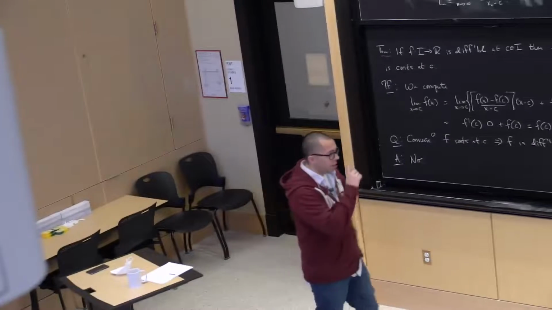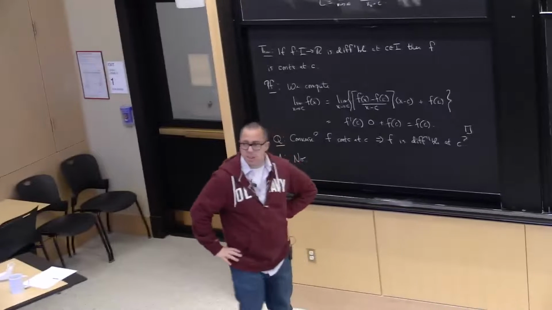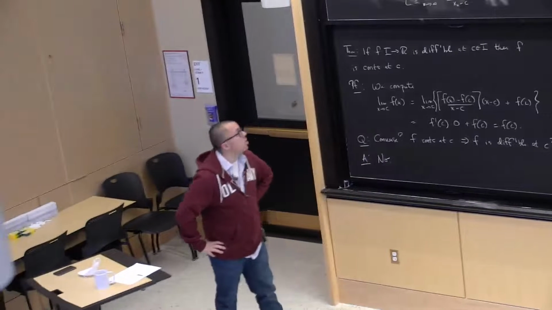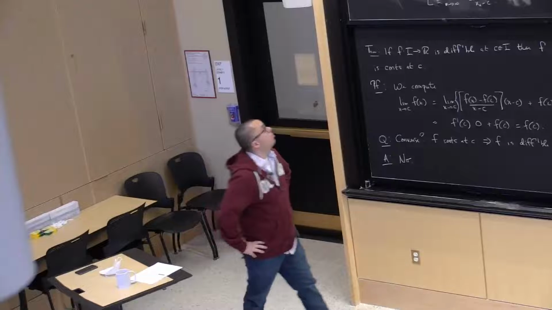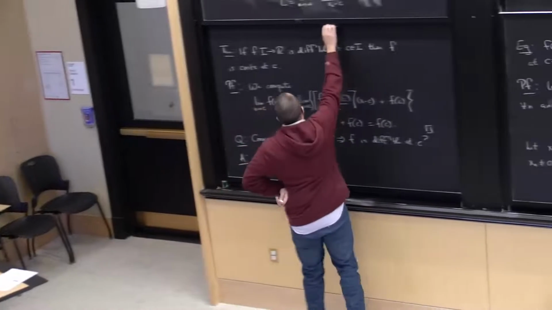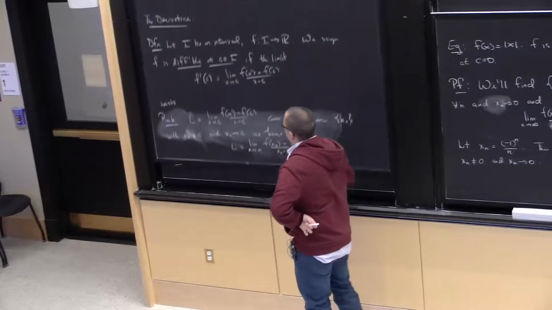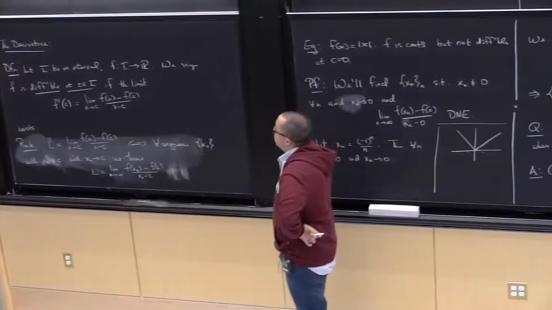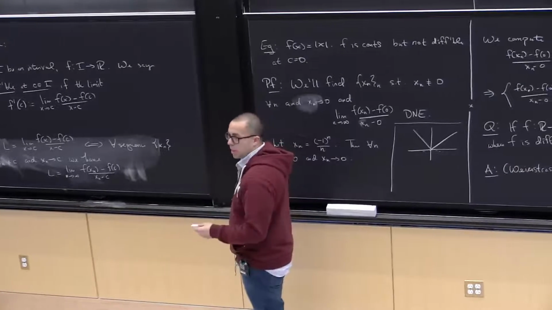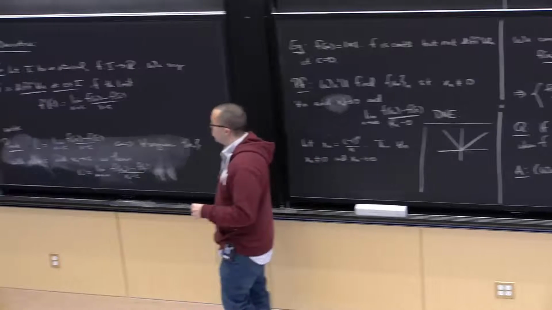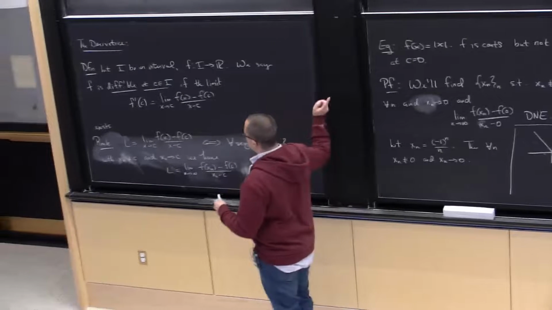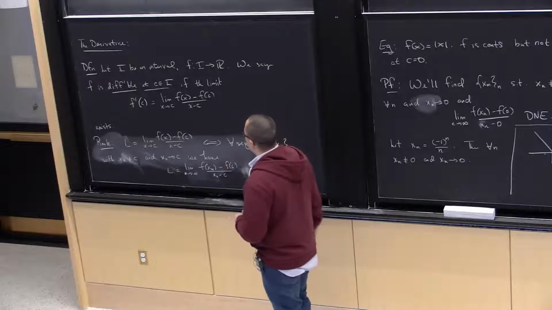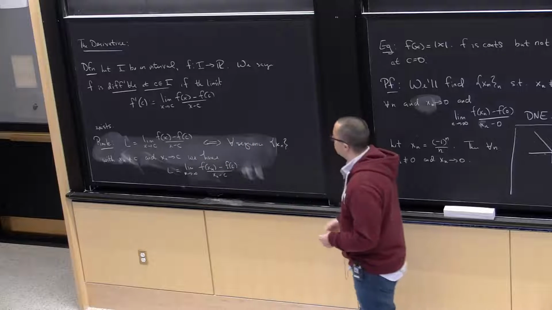Okay, so we're going to continue with our discussion of the derivative. Now let me recall the definition we introduced at the end of last time of the derivative. Let I be an interval, meaning it could be open, closed, it could go out to plus infinity, it could go out to minus infinity, but you know what an interval is.